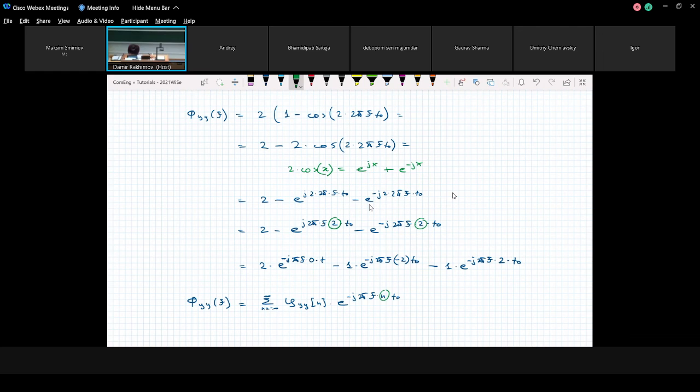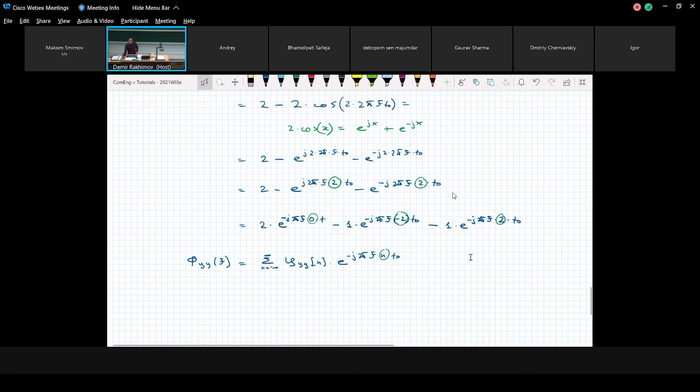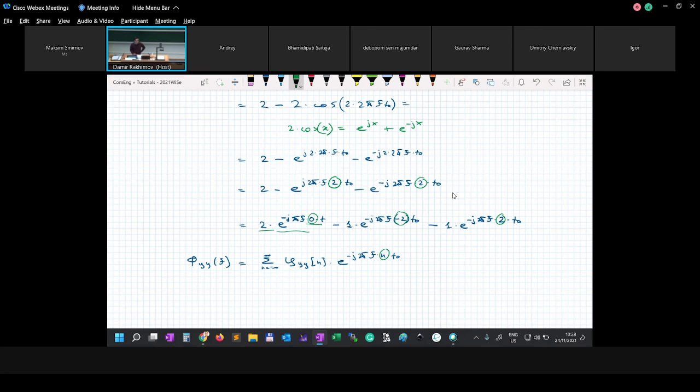And now you see that actually we can easily reconstruct our autocorrelation function out of this expression. Because you have the exponential function, what's the index, you know what's the amplitude in front of it, and following this expression below, you can just construct the points of your autocorrelation function.